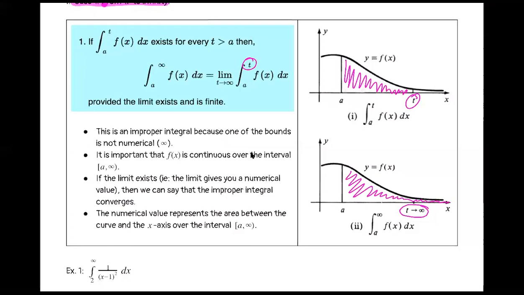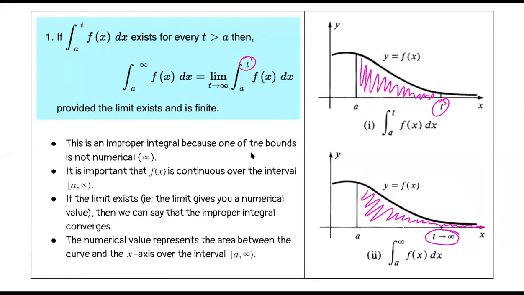So a few vocab things. What we're dealing with is called an improper integral because one of the bounds is not numerical. Because one of the bounds is infinity, we say this is an improper integral. Now it's important that our function is continuous over the given interval, because if we skip some places, then we definitely can't find an area.